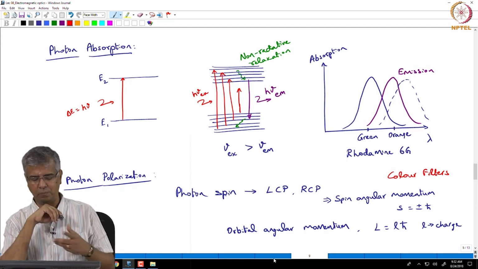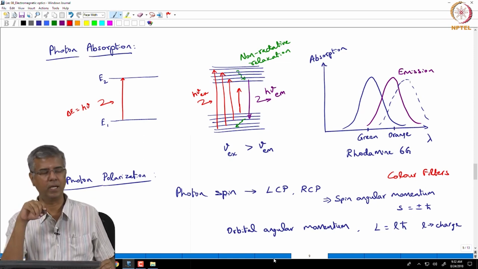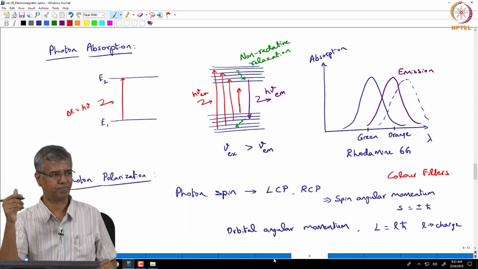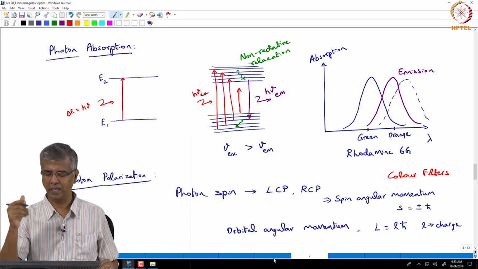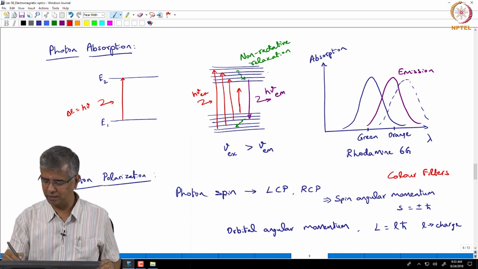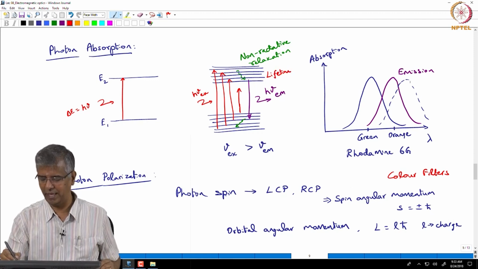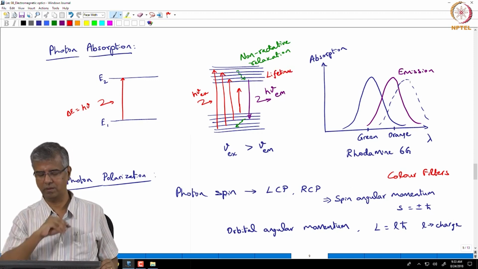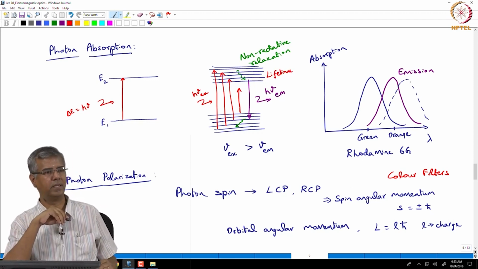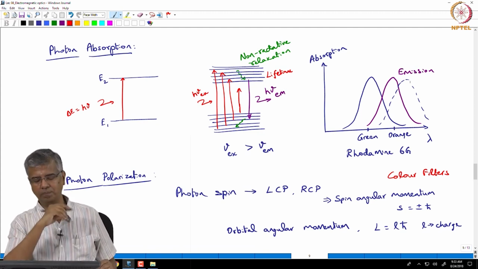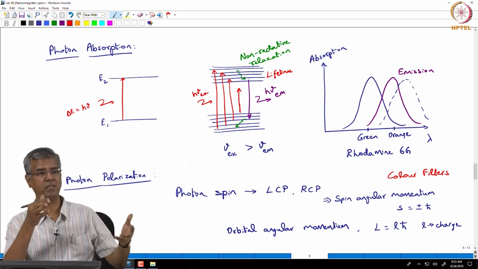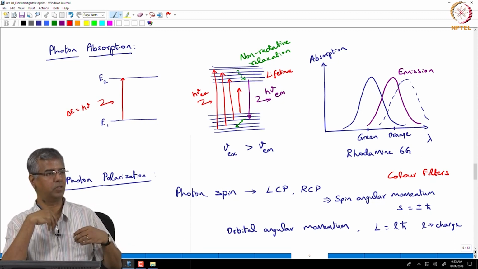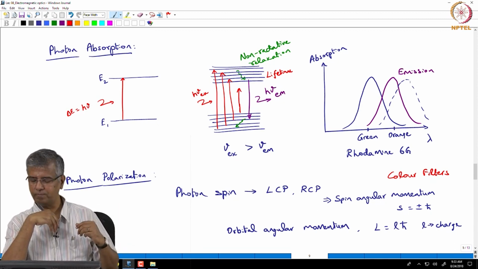We were looking at this picture of photon absorption and emission, and there is a lifetime that the electron spends in the upper energy level before it comes down to the lower energy level.